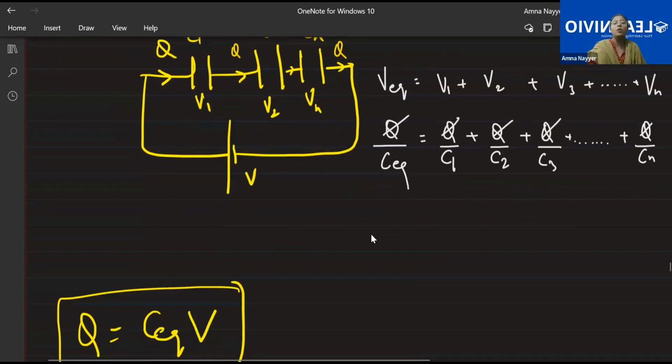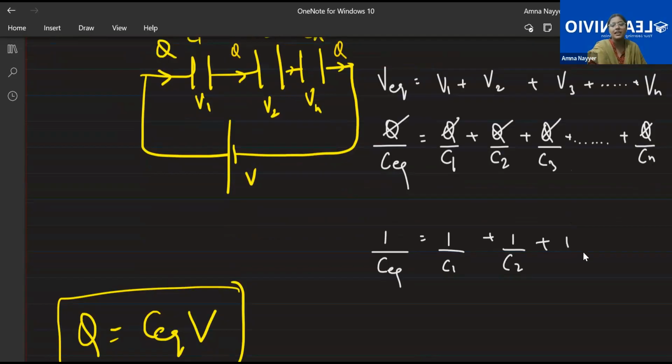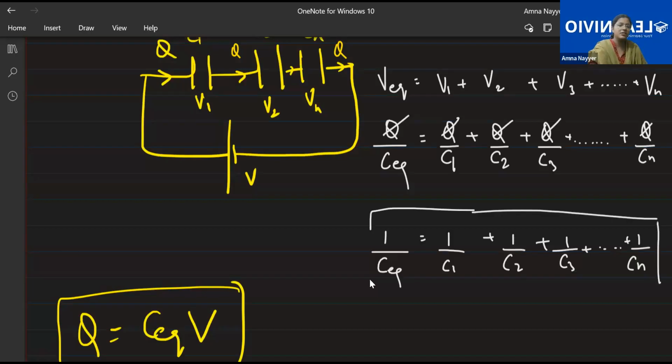So 1 by C equivalent equals 1 by C1 plus 1 by C2 plus 1 by C3 up till 1 by Cn. This is the smallest derivation which usually doesn't come in the exam.